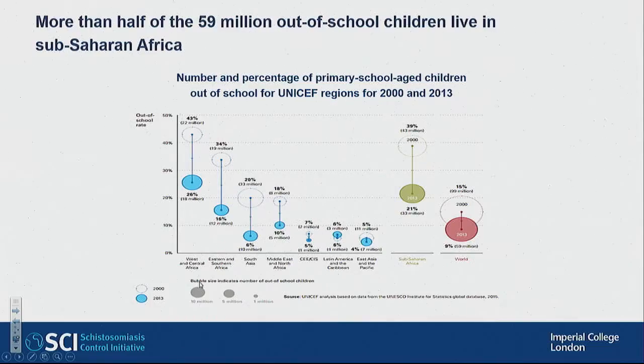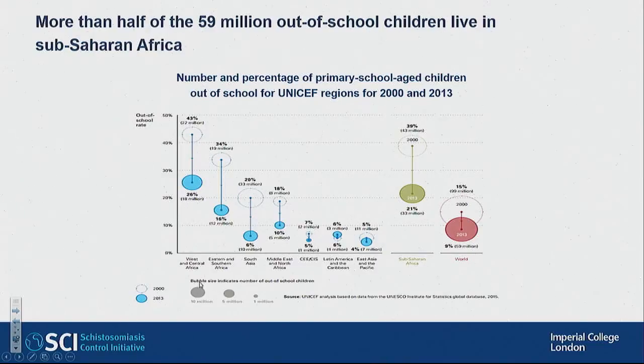Also, the majority of our programs that you'll hear about target schools as a way of reaching children in the most effective way possible. However, we are all aware that a large number of children don't attend school. This graph shows the number of children in the dotted circles who were out of school in 2000, and in the coloured hard-edged circles, those out of school in 2013.